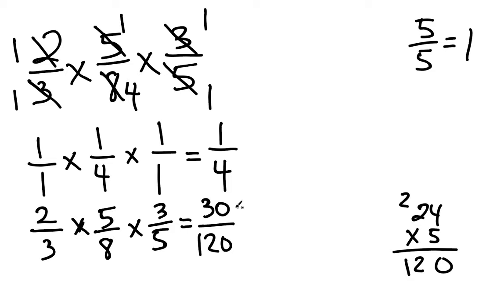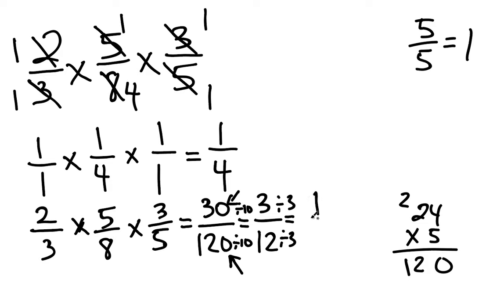So the first thing I can do with this problem, since I know the end game, this ends with 0, I can immediately divide this by 10 and divide this one by 10, and that gives me 3 over 12. Because when I'm dividing by 10, I just take the 0 away. And then I know that if I divide by 3, 3 divided by 3 equals 1, and 12 divided by 3 equals 4.